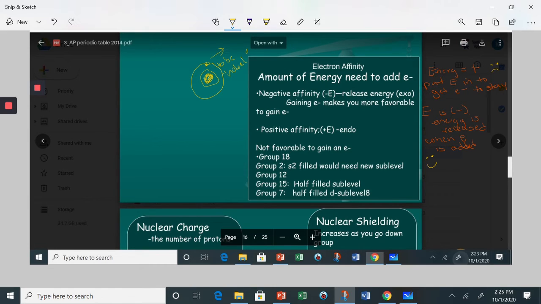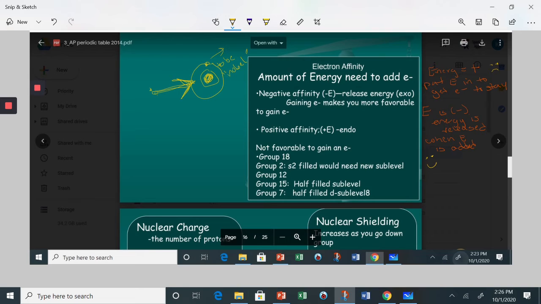Now, there's an electron out here that wants to join, and this element, any group 1 element, is saying, I really don't want to have an extra electron. I don't want it. And in order to do it, all of a sudden you have to almost whack it really hard and force this electron into you.